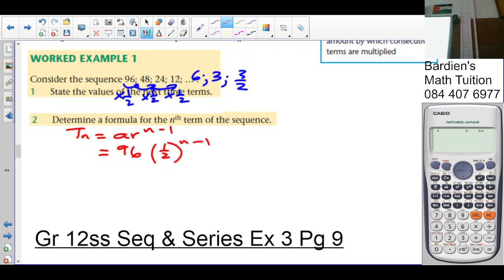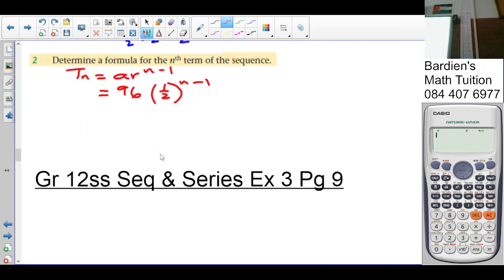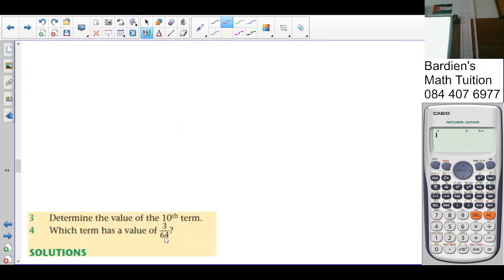So the general term is going to be 96 into a half to the n minus 1. Can I multiply this 96 by half and get 48 raised to the n minus 1? No. Why? Because of that variable exponent, I can't multiply the base. So that's my general formula there.